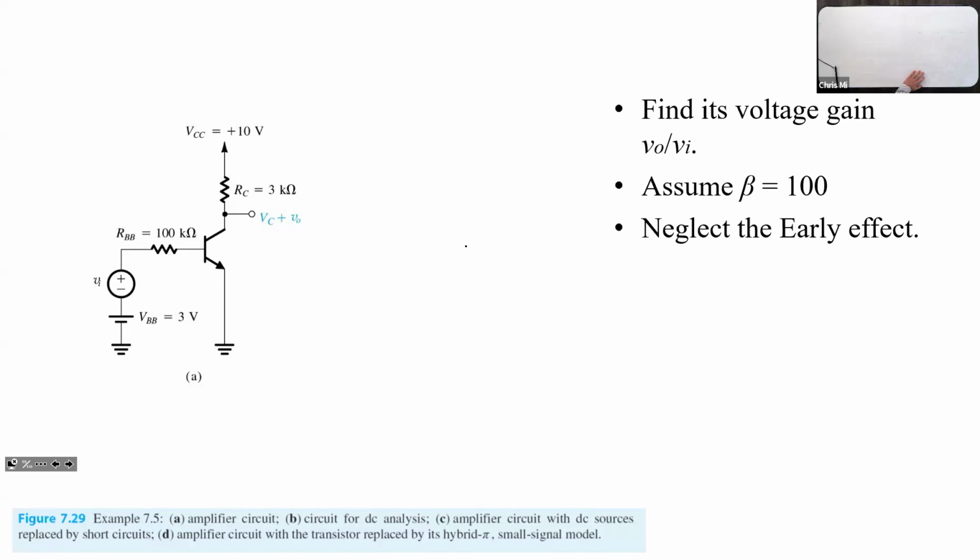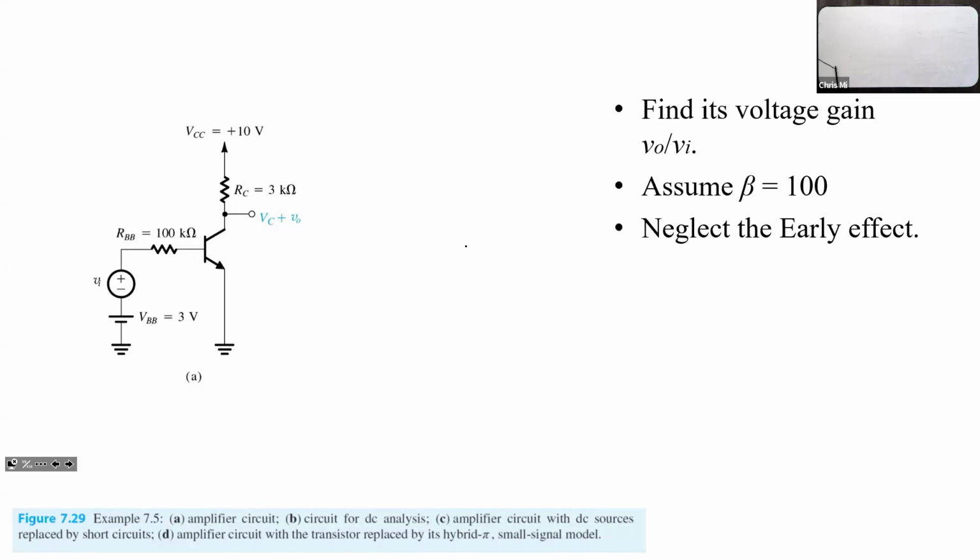So in this example, the first step will be to look at the DC biasing and find Gm, and then from there we draw the small signal equivalent circuit, and then we use circuit theory to find the output. The reason we're looking at this one is that there is a resistance.